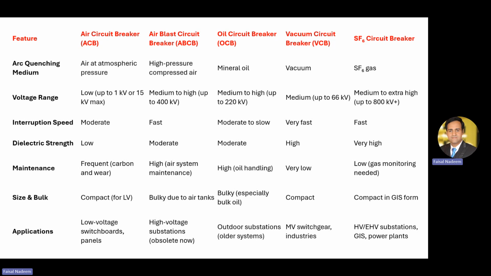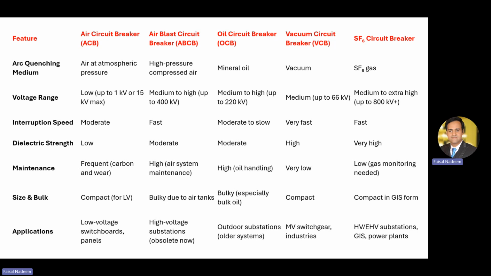We have to maintain the whole air system, compressor, and the motor. Oil circuit breaker, again high, because oil handling is not easy. Usually it decomposes into carbon particles, and the contacts become less effective in switching. Vacuum circuit breaker is very low because there is no such thing in them. And SF6 has low, but the least maintenance required is by the vacuum circuit breaker.